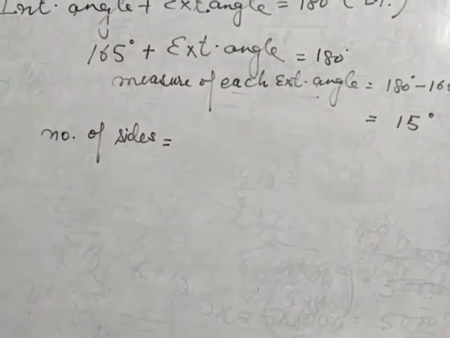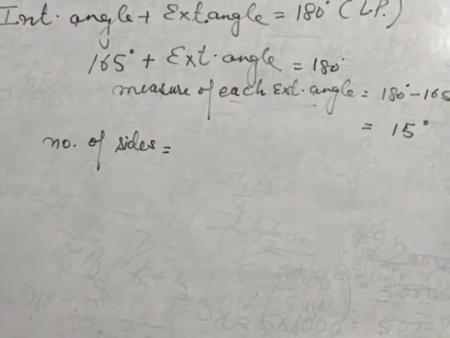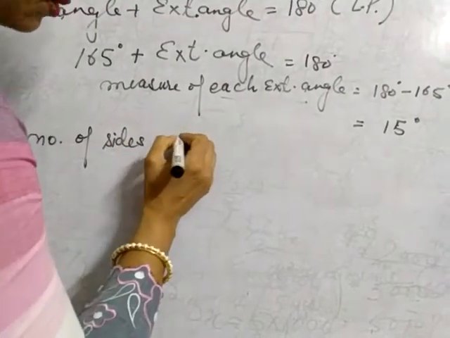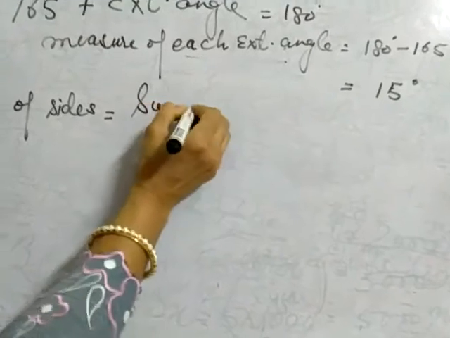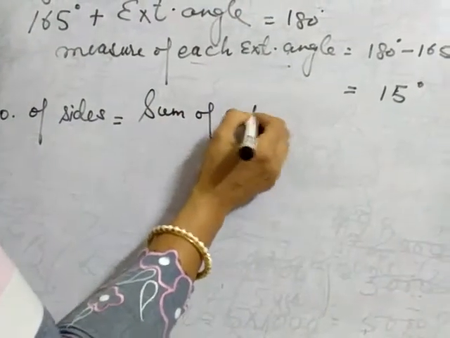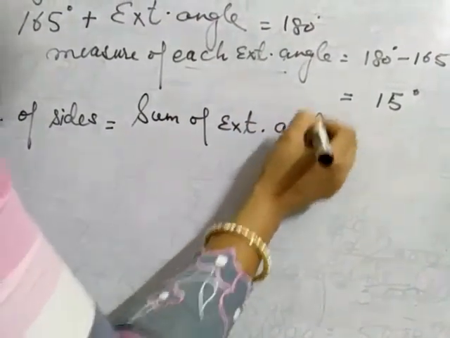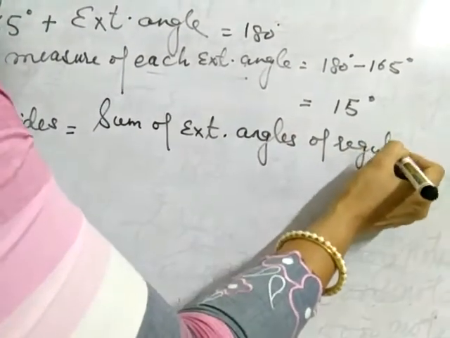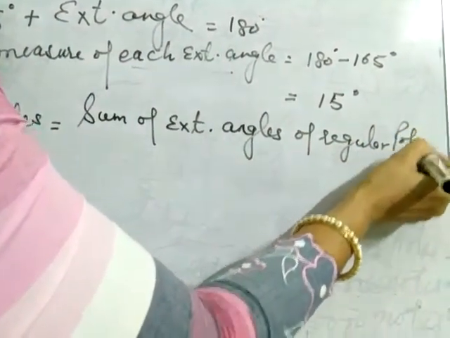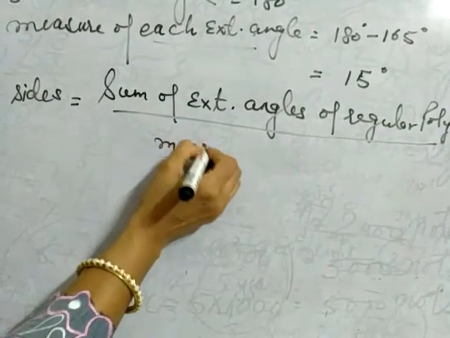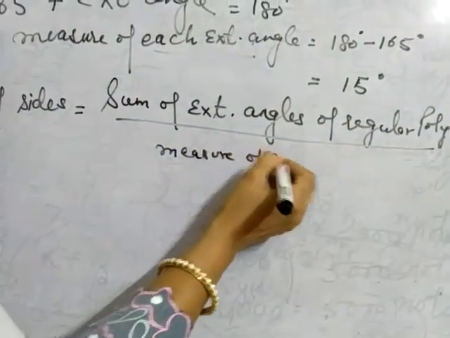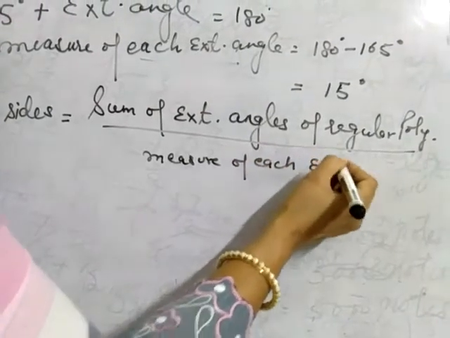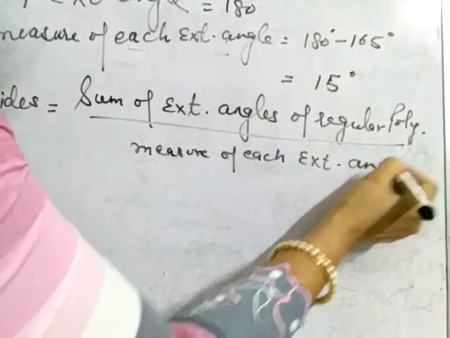Now what is the formula for number of sides of a regular polygon? Number of sides is equal to sum of measure of exterior angles of a regular polygon, and we are supposed to divide it by, it's always by measure of each exterior angle.